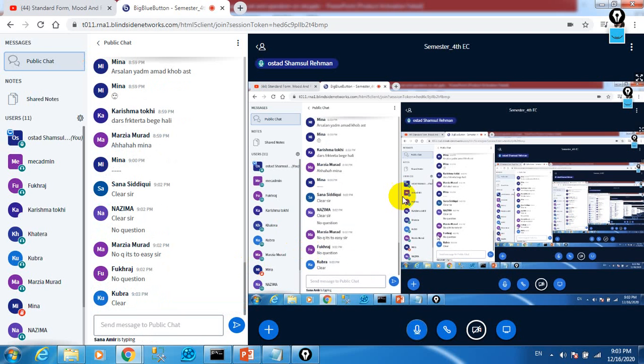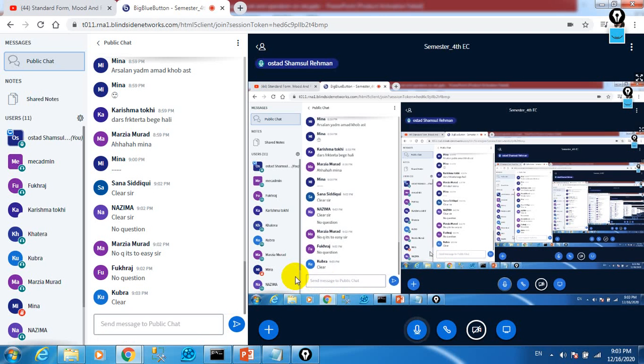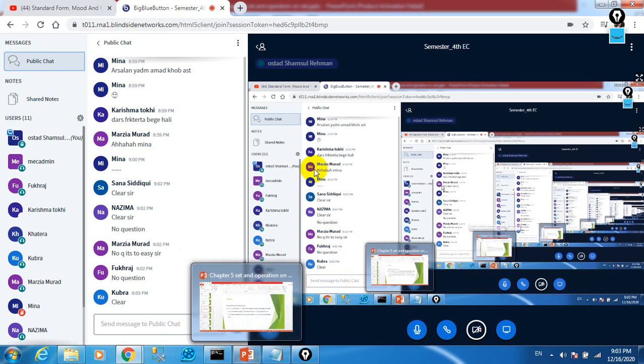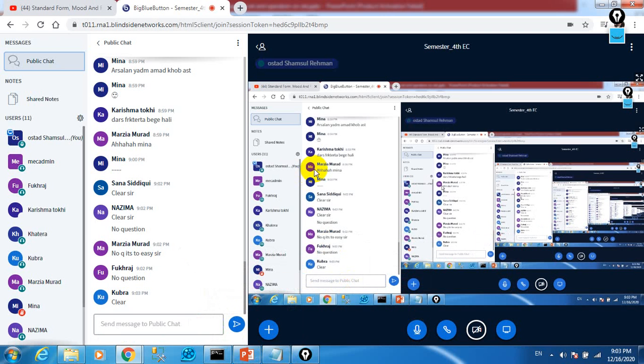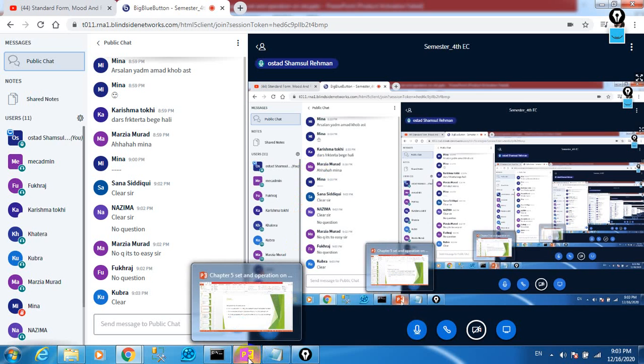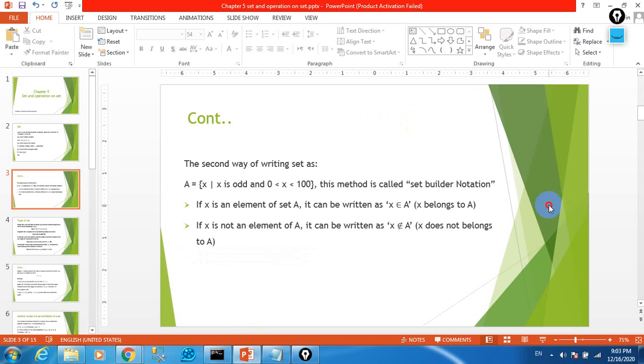Okay, so now next what we have in set. Here we have different types of set.